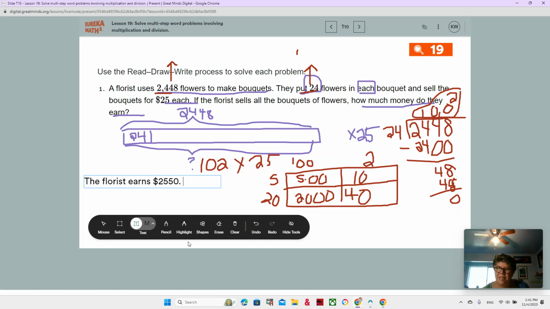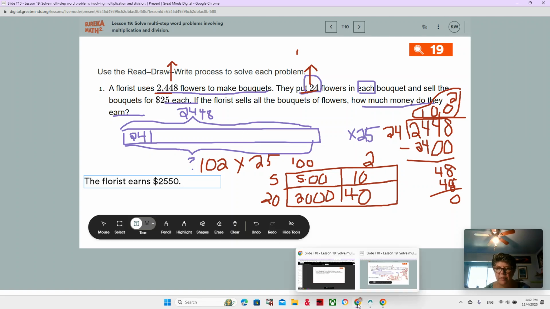You could do another tape diagram for this too, right? You could do 102 times 25. So you can always have two tape diagrams for your two parts of your problem.